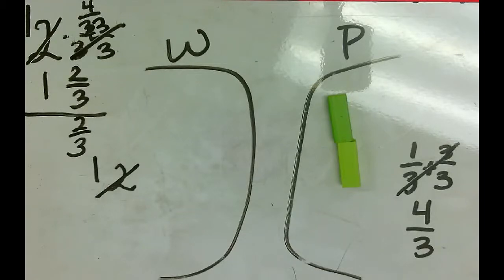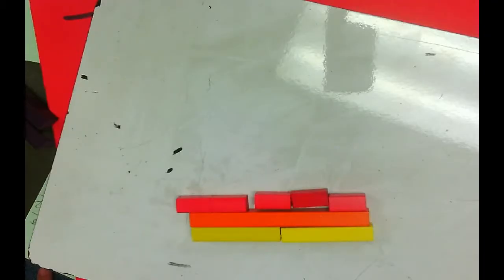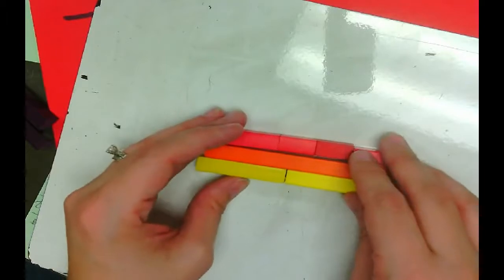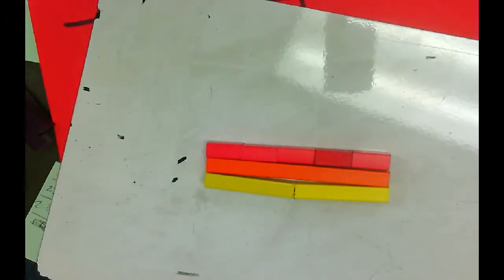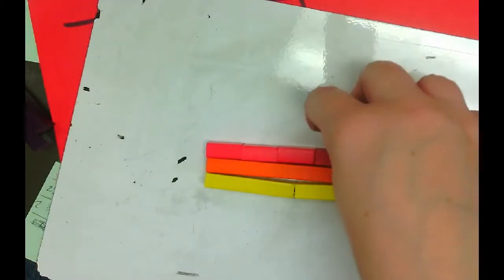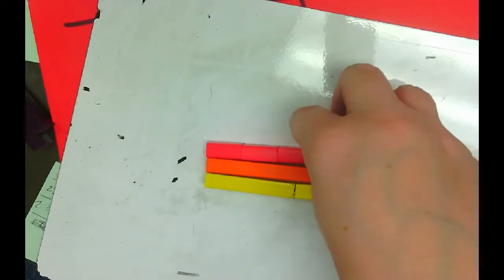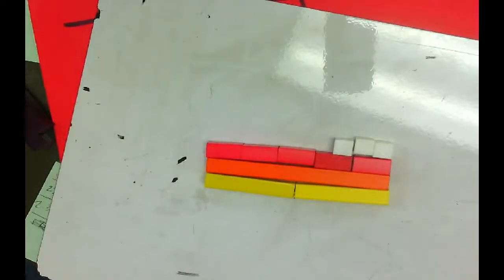All right, we're going to do another one. If the orange is a whole, then we know the yellows are halves, and the reds are, because how many reds make a whole? 5. What were the whites worth? 10ths, because there's 10 to make a whole. I know I don't have all of them, but that's 10.